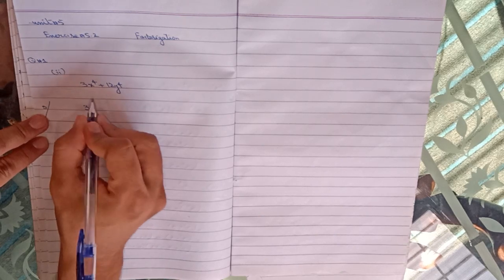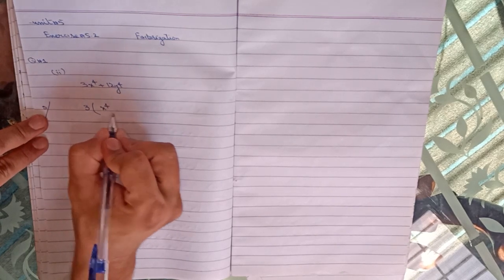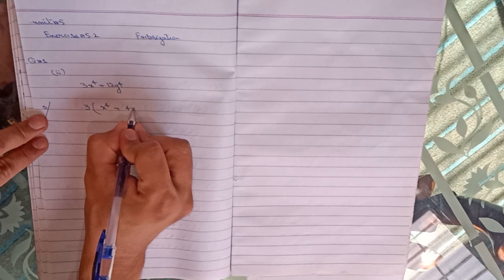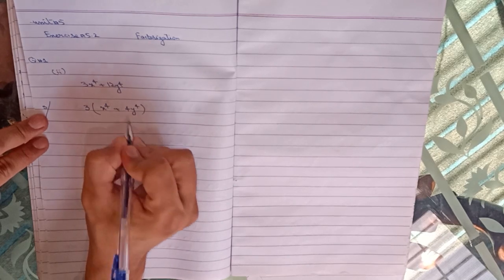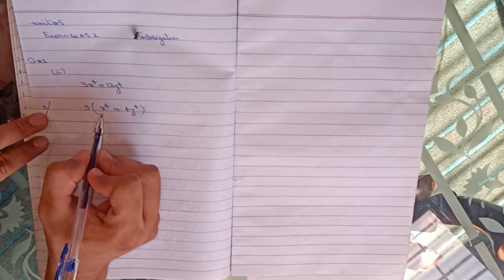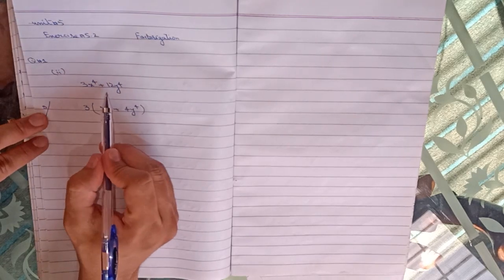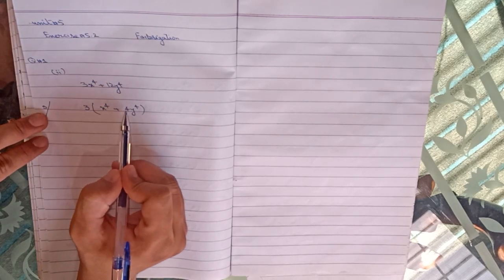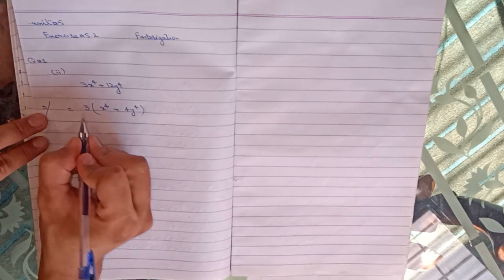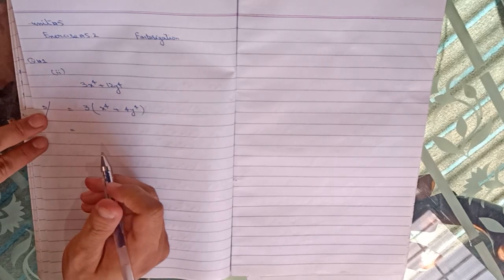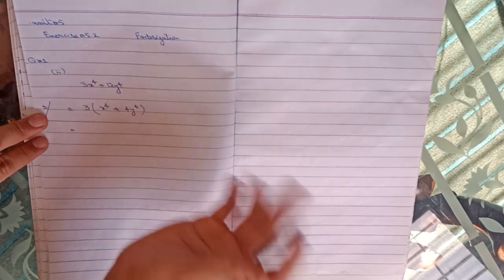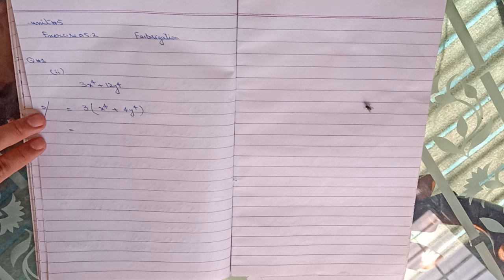Then inside the bracket we have x^4 + 4y^4. If we take 3 as common, here we are left with x^4 + 4y^4. Now, as 3 is common, next, as you know, we have two terms here.